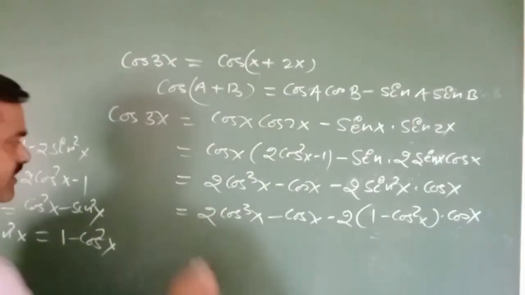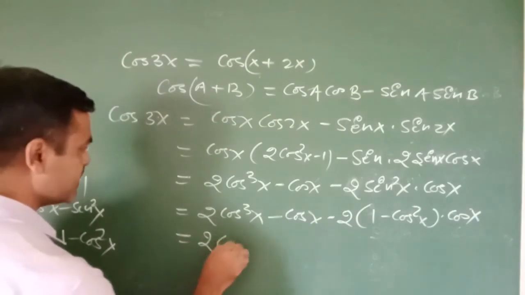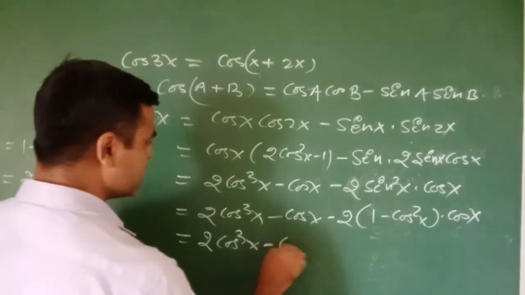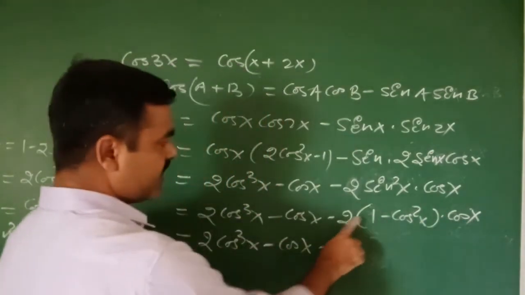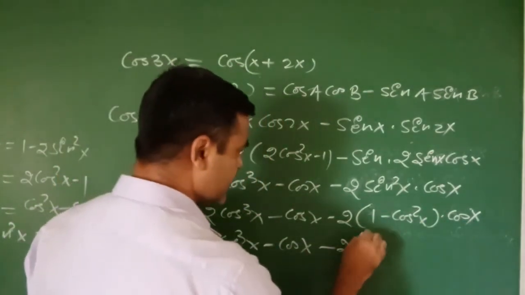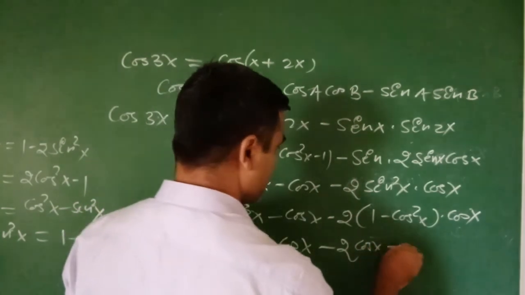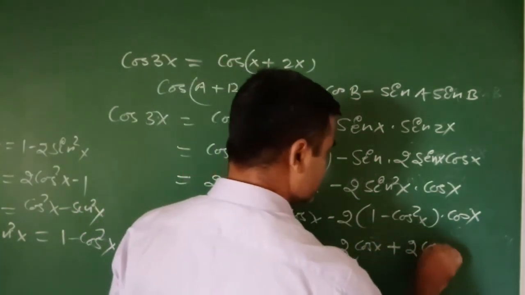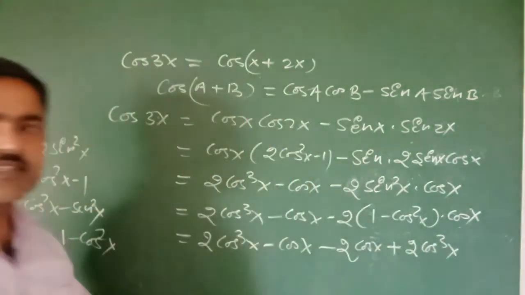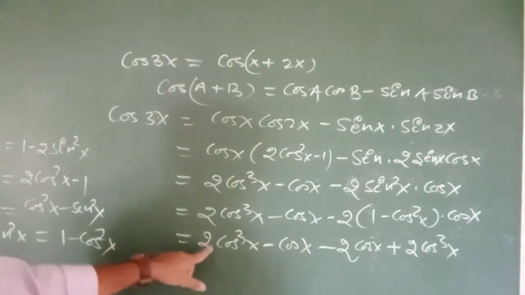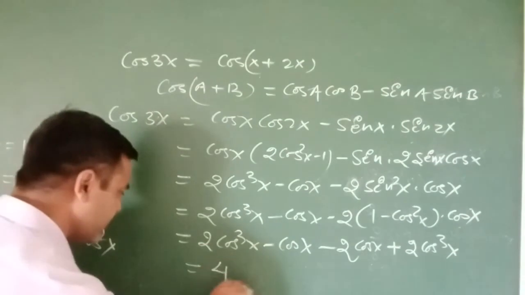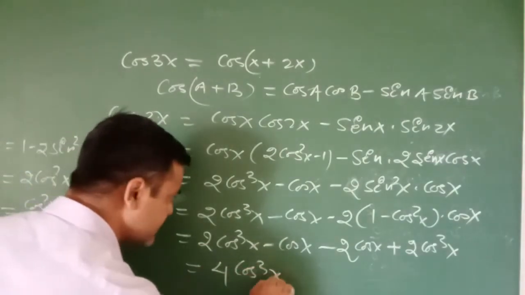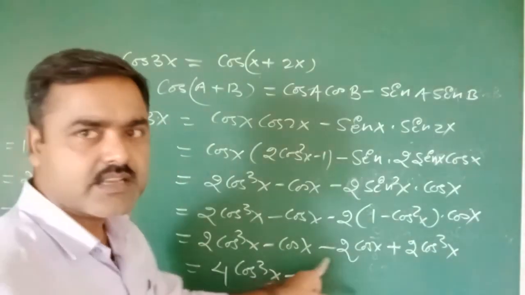Now just simplify this one. 2 cos cube x minus cos x minus, look, we are multiplying cos x with it, like the 2, so it will become minus 2 cos x and plus 2 cos cube x. This one is the multiplication. You can see 2 cos cube x and 2 cos cube x, that is equal to 4 cos cube x minus 2 cos x and cos x.